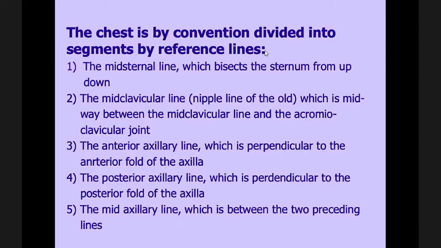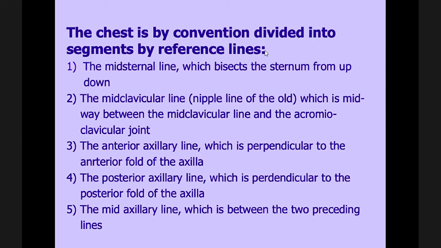Okay. The chest is by convention divided into segments by reference lines. So you have the mid-sternal line, which bisects the sternum from up to down. The midclavicular line is also called your nipple line, which is midway between the midpoint of the clavicle and the acromioclavicular joint.